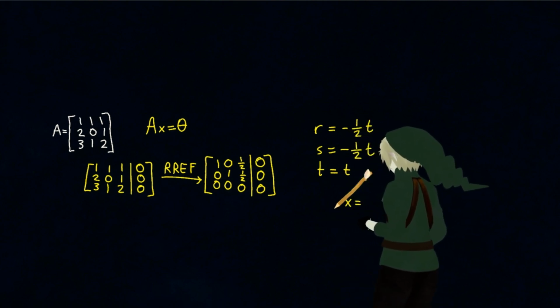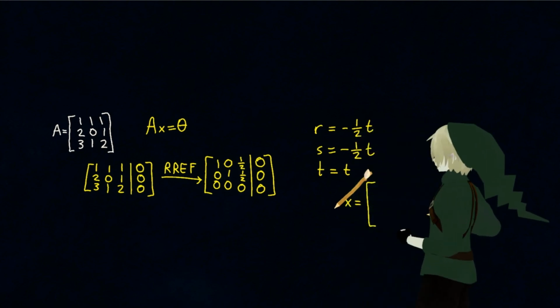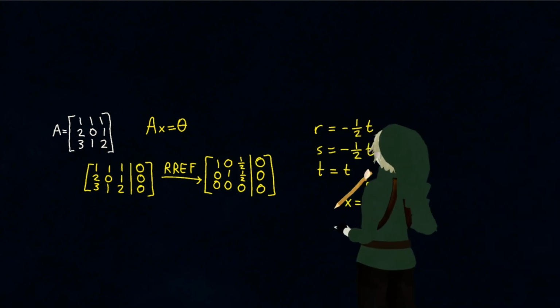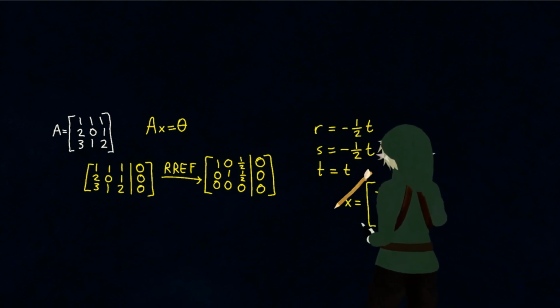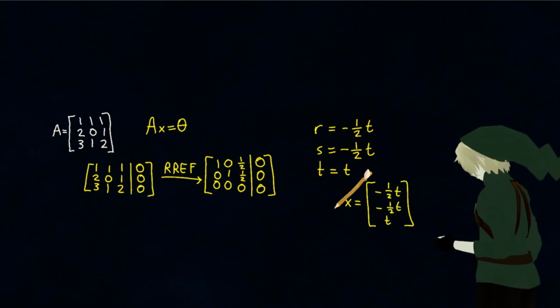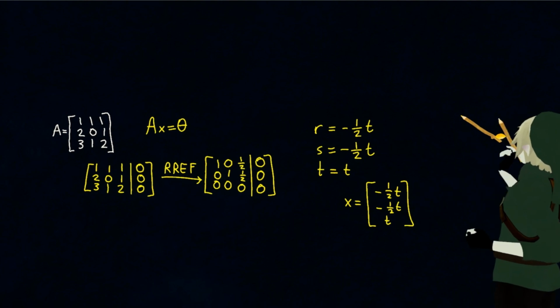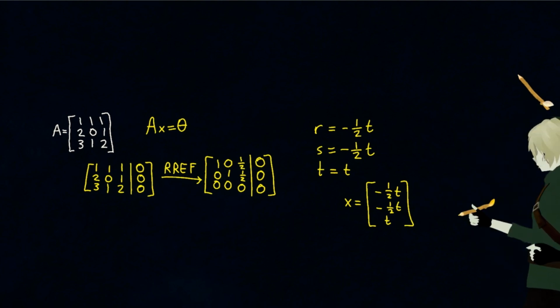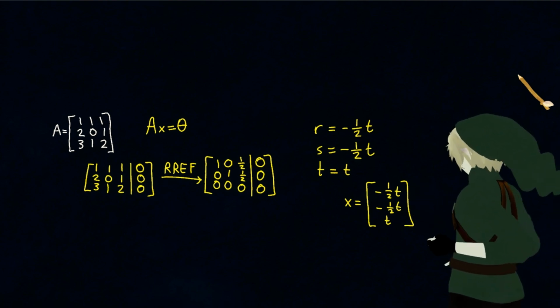Okay? Then our vector x that we are solving for is no longer a unique solution. Now we can have literally any t pretty much, because t is our free variable. Plug in any number t and it's literally anything. So this x does not equal 0, 0, 0 anymore.